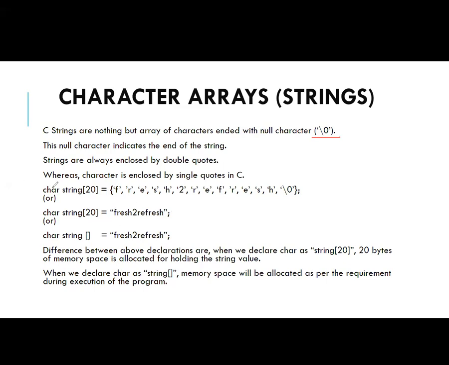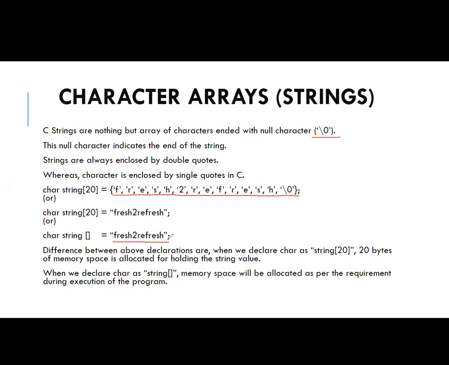So if you are creating a character array of 20, you can either write it in this way, indicating all the individual characters, or you can write it together in double quotes as a string. I always told you the size is optional. The size can always be taken from the right hand side.